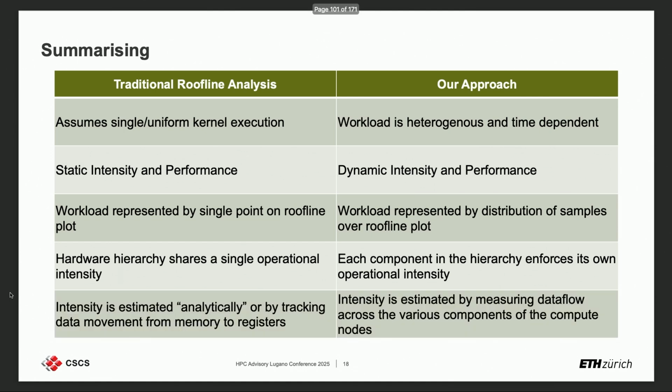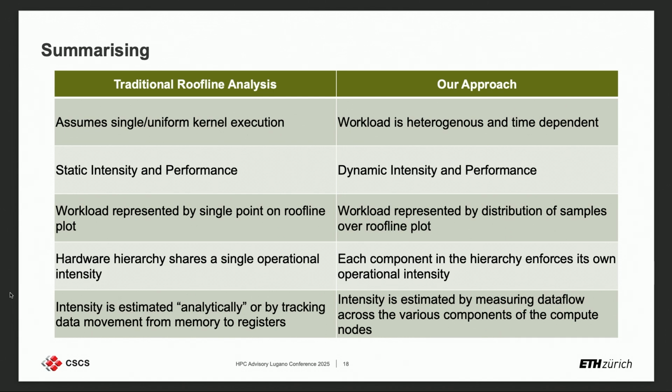Again, in the classic case, intensity is often estimated analytically, while in our case, intensity is always estimated by measuring data flow in the system. So you don't actually have to go into your code or analyze what's going on, which for many workloads using different, for example, machine learning libraries, becomes unfeasible. There are just so many kernels, so many things going on, that there's no way you're going to be able to keep track of the memory movement by hand and derive an analytic solution for this.